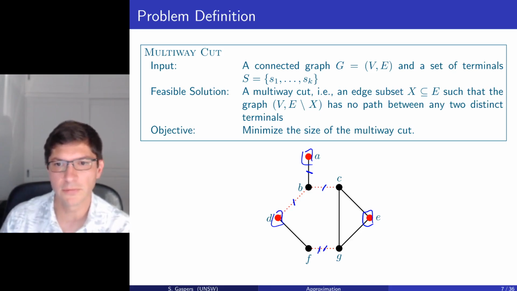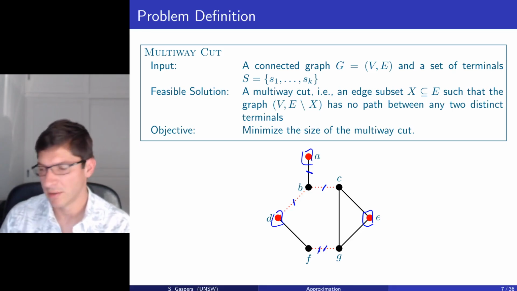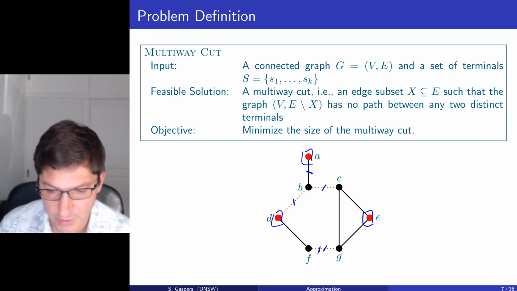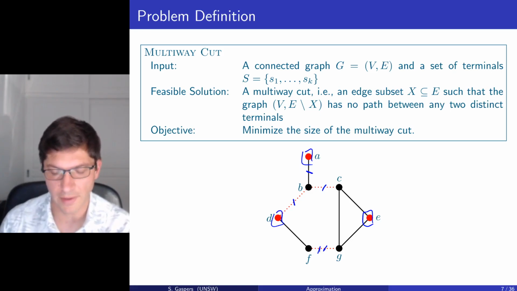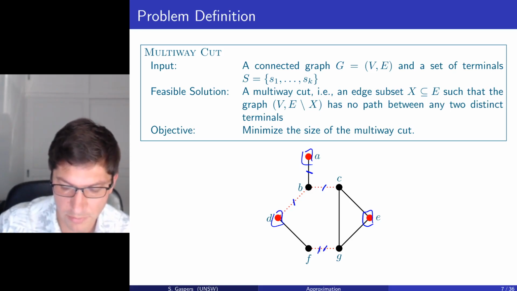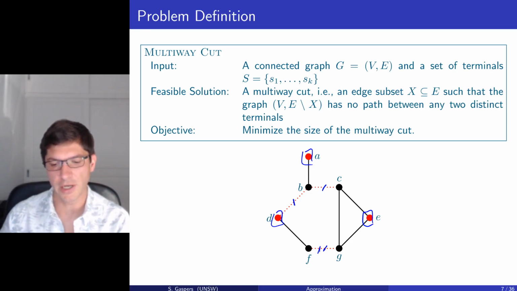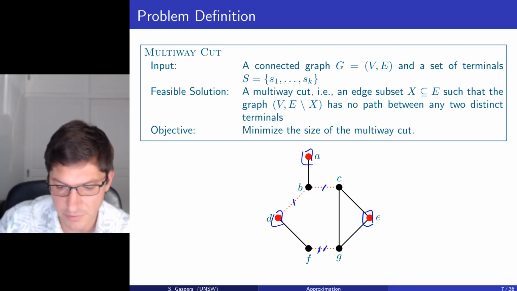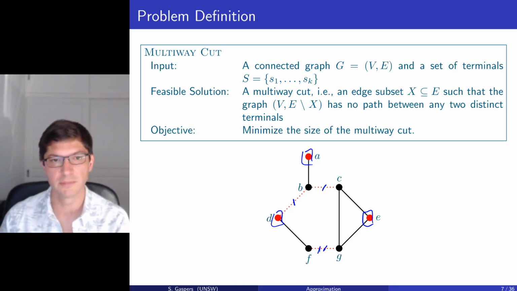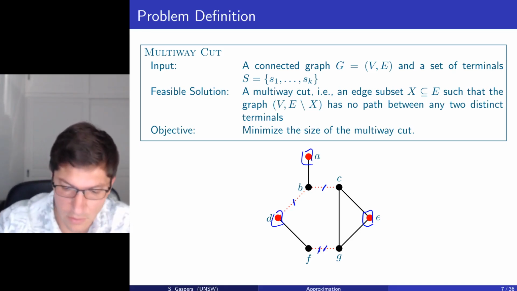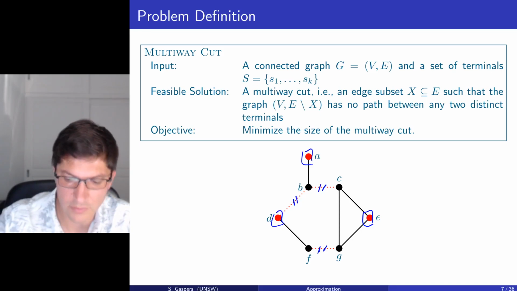So now we get a feasible solution of size 4, and now also for the vertex A, to separate it from all the other terminals, we shouldn't have used the edge AB to cut it, but the edges DB and BC. So we could have used those twice as well.